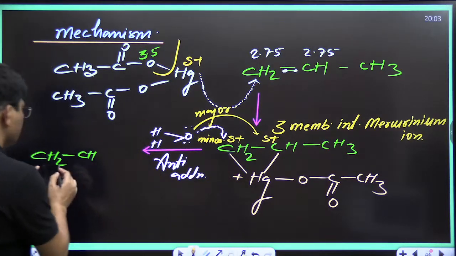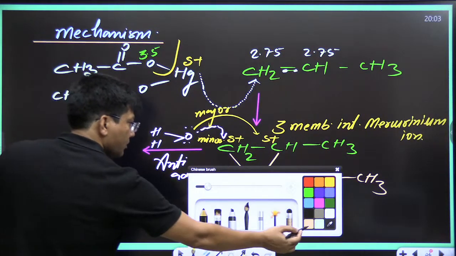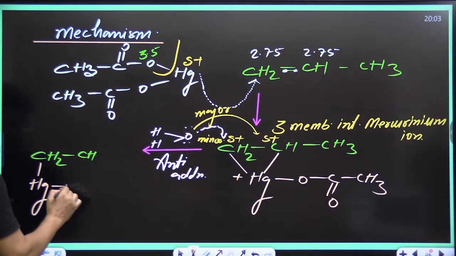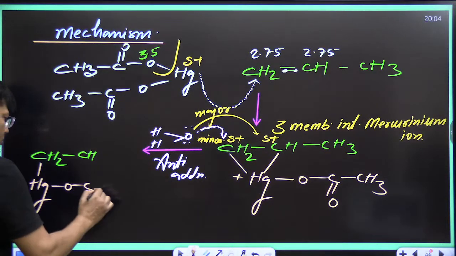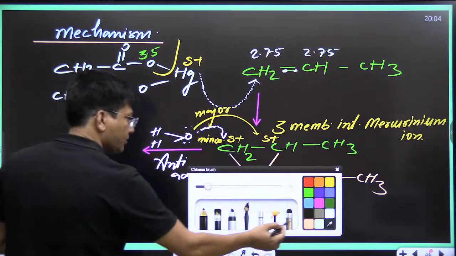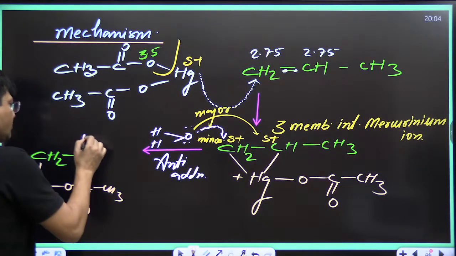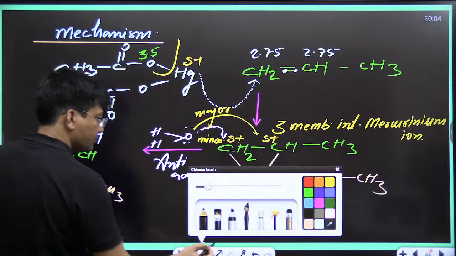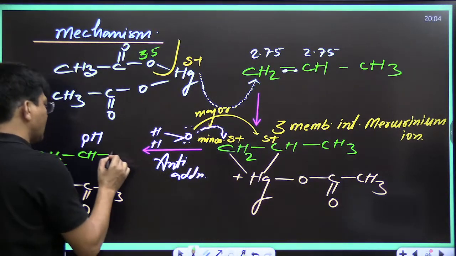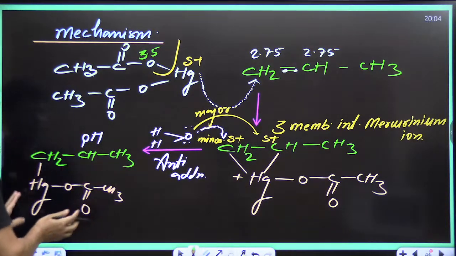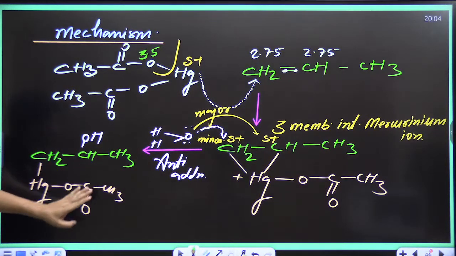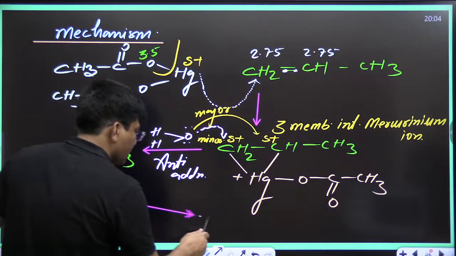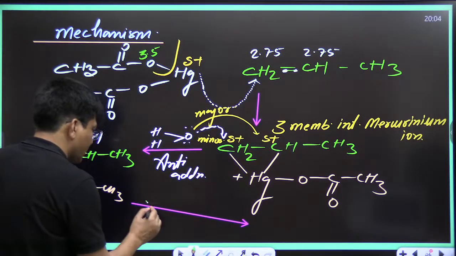So mercury will stay with this carbon, HgOCOCH3, and water will come over there as OH because its proton will get eliminated, and this will be the CH3. Now, my dear students, till now this was oxymercuration. Now, in a number of steps, demercuration will take place. Those steps are not in your syllabus.